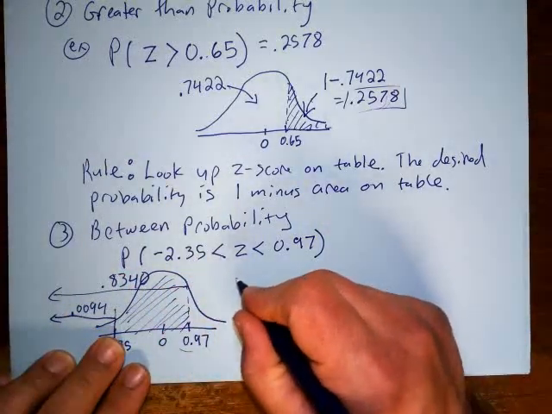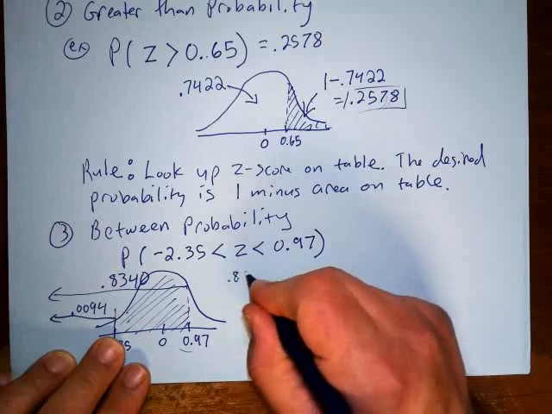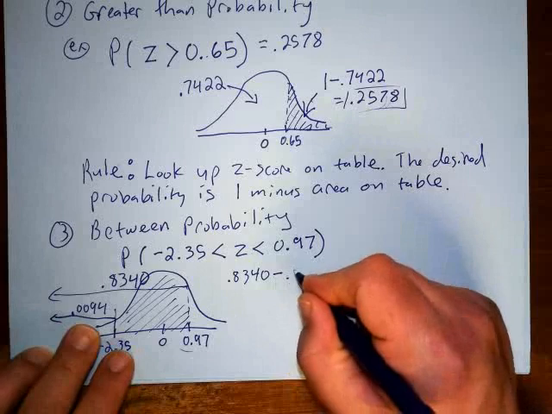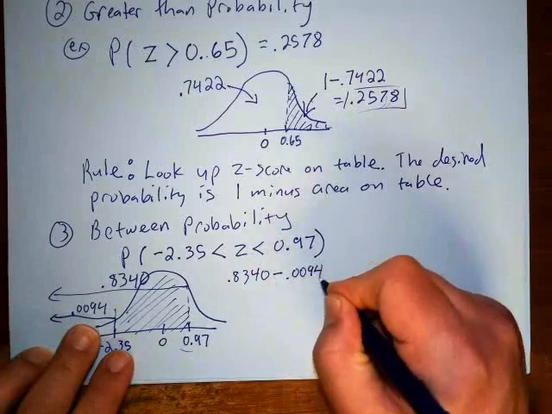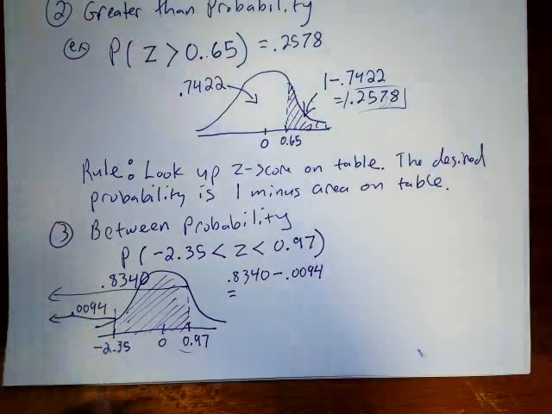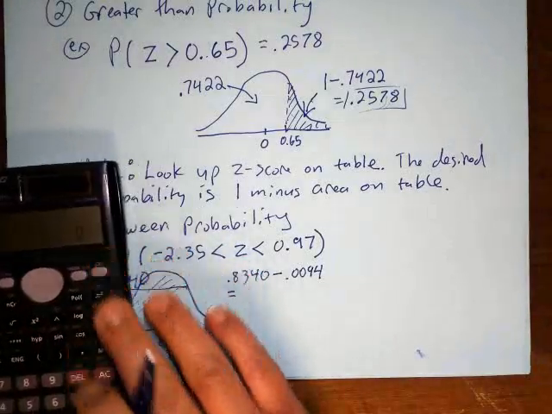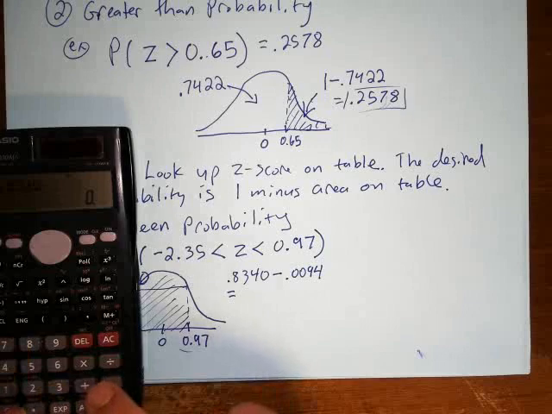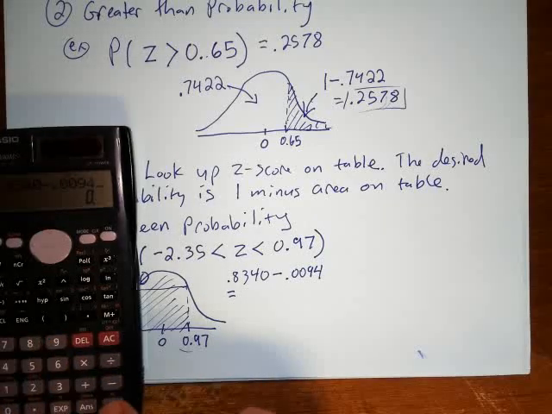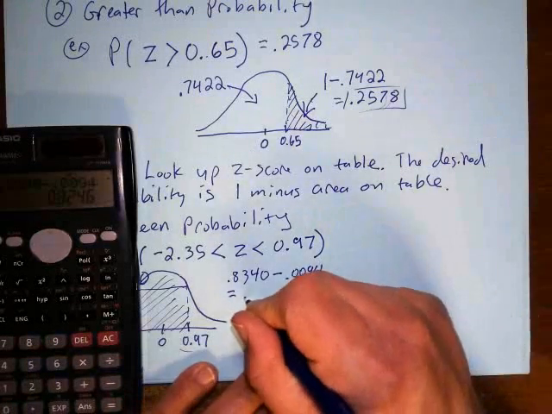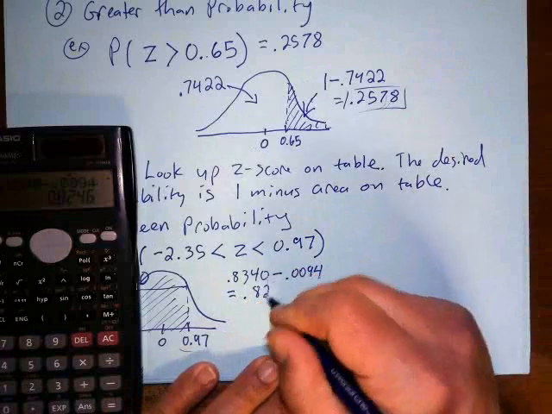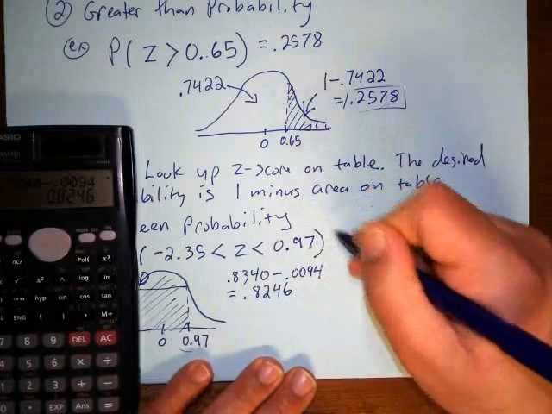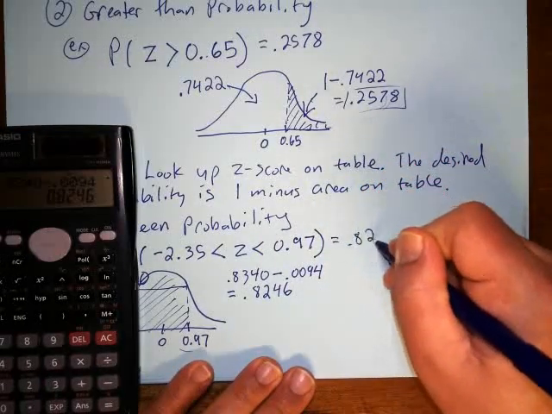So I take 0.8340 minus 0.0094, and I get 0.8246, and that is the desired probability.